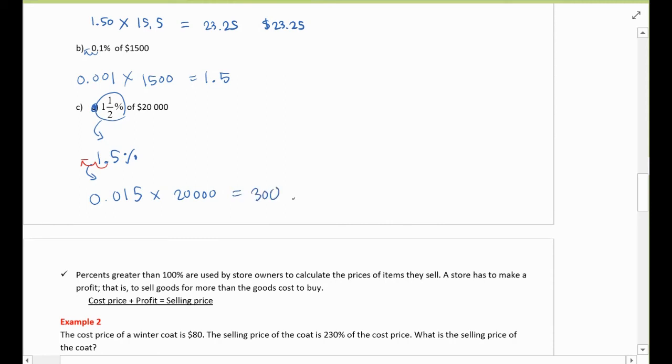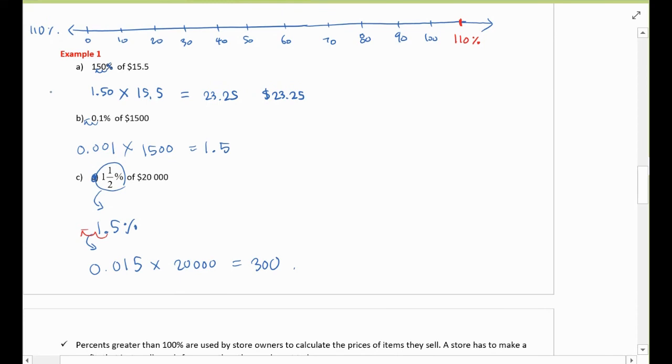Alright? Okay, so when you solve this kind of problem, step 1, change the percent to a decimal number. Step 2, change of to multiplication and calculate.